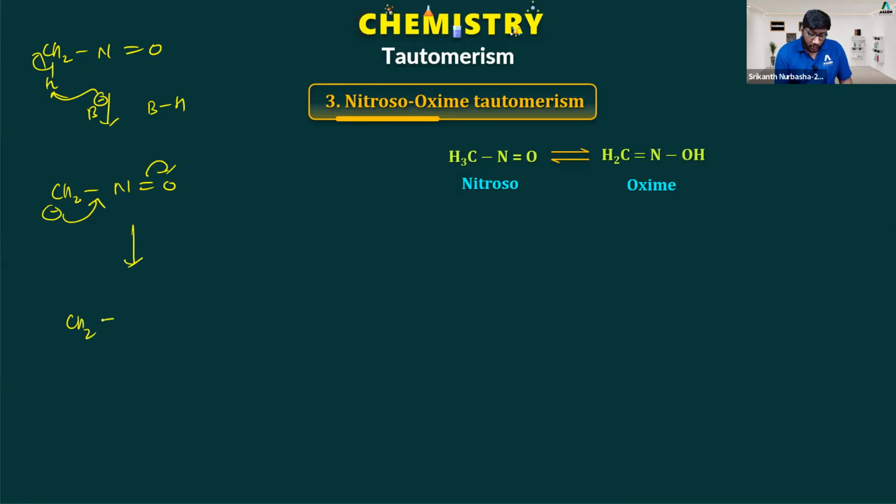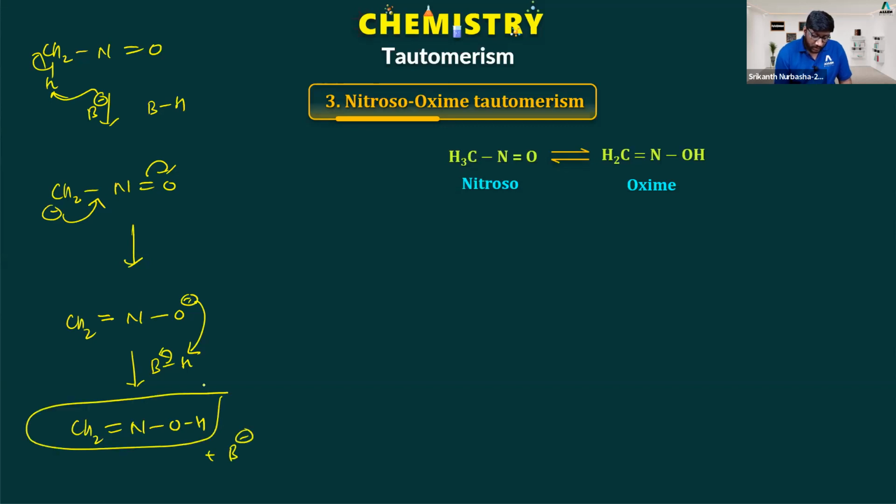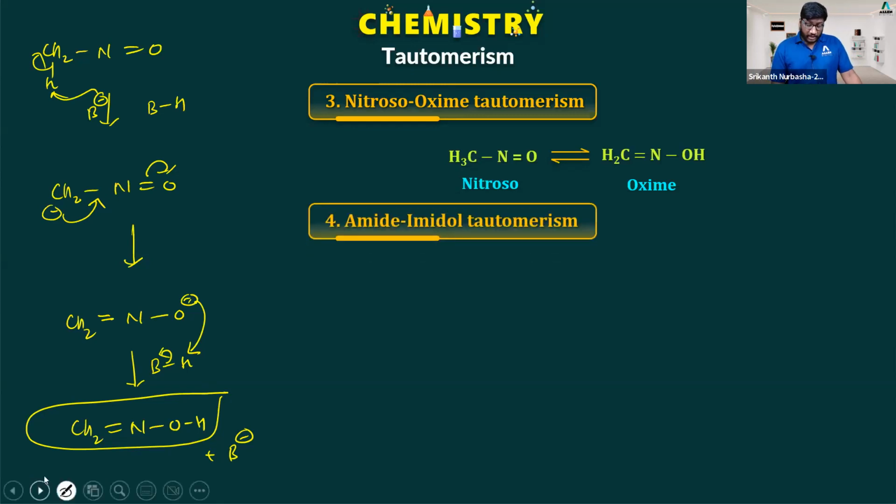So you'll get CH2 double bond N O minus. This will again try to pick up the proton from the BH group. O minus picks up the proton, the BH electron density is given to base. So you get CH2 double bond N, and N is connected with OH, plus B minus. So this is obtained, which is nothing but oxime. So nitroso-oxime will also have tautomerism. Amide-imidol will also have tautomerism.